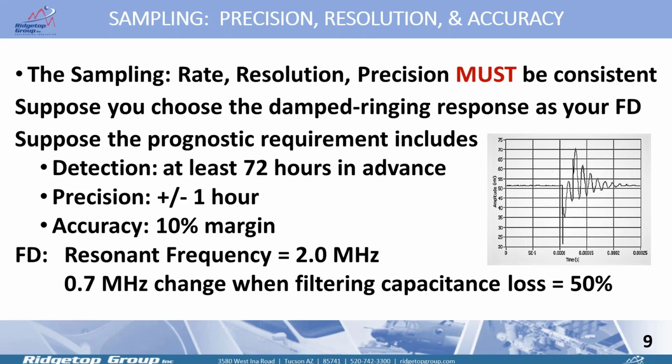You decide that you're going to look at the ringing response, and the resonant frequency, without degradation, is 2 megahertz. When you do the physical failure analysis and the failure mode effects analysis, you discover there's a 70% change in frequency as you lose capacitance.